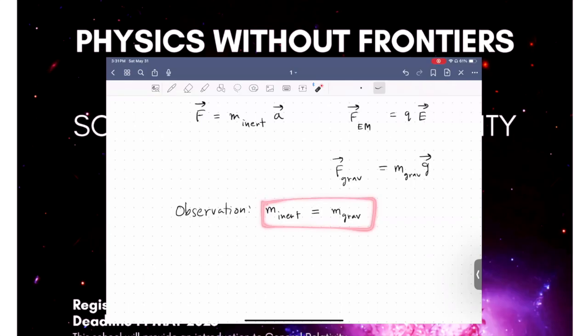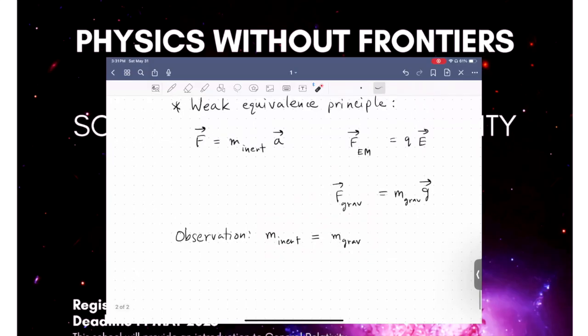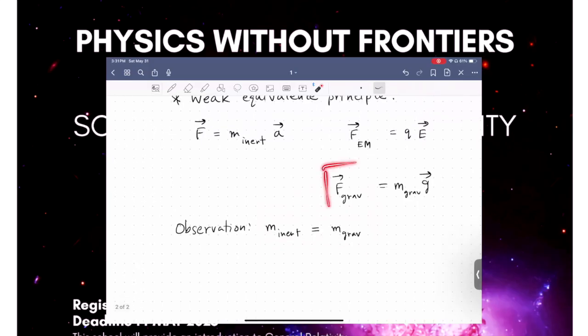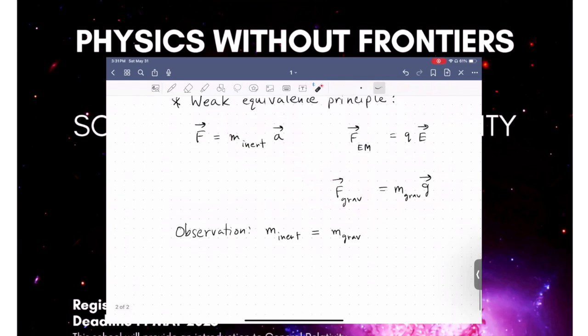So how did people observe it? So you take this equation, right? You put a massive object in a gravitational field, it experiences a force, the force causes an acceleration. So this equals this, and if m inertia is the same as m gravitational, then this acceleration is the same as this gravitational field.